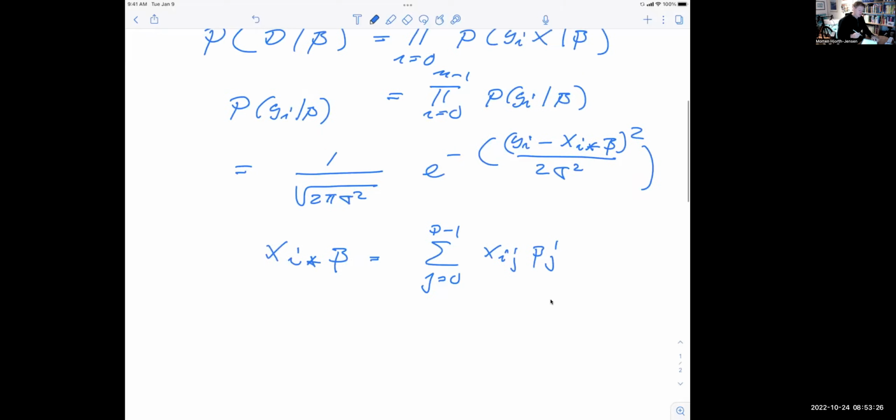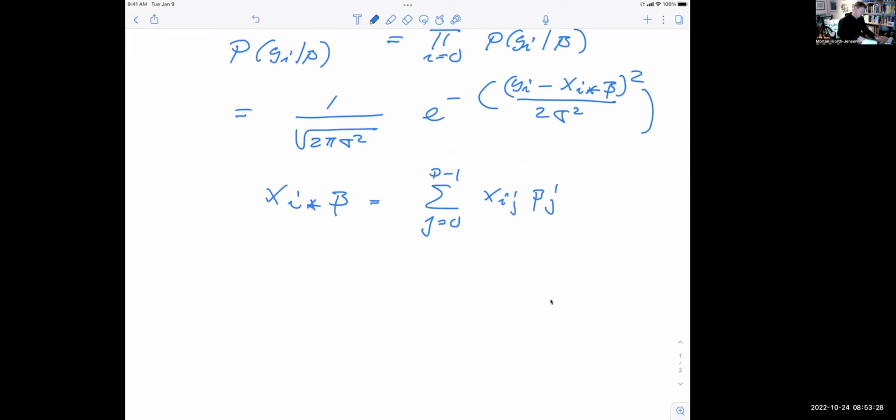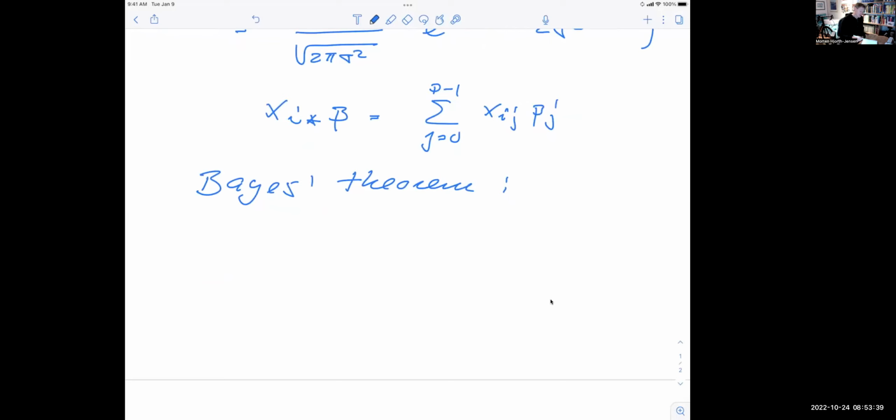Now if we use Bayes' theorem, we could make an assumption and ask the question, what is the likelihood of having beta with a given D? Can we actually make a model for that?